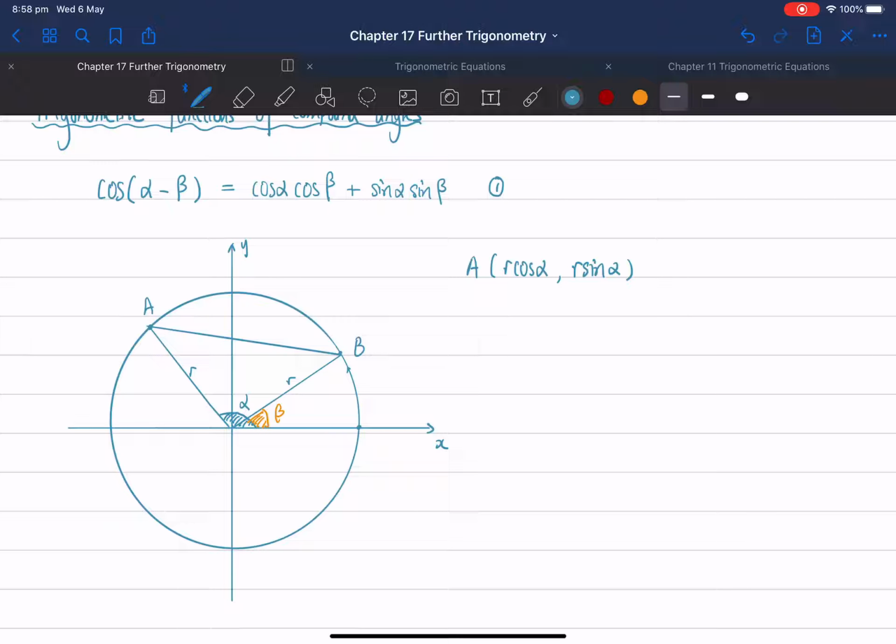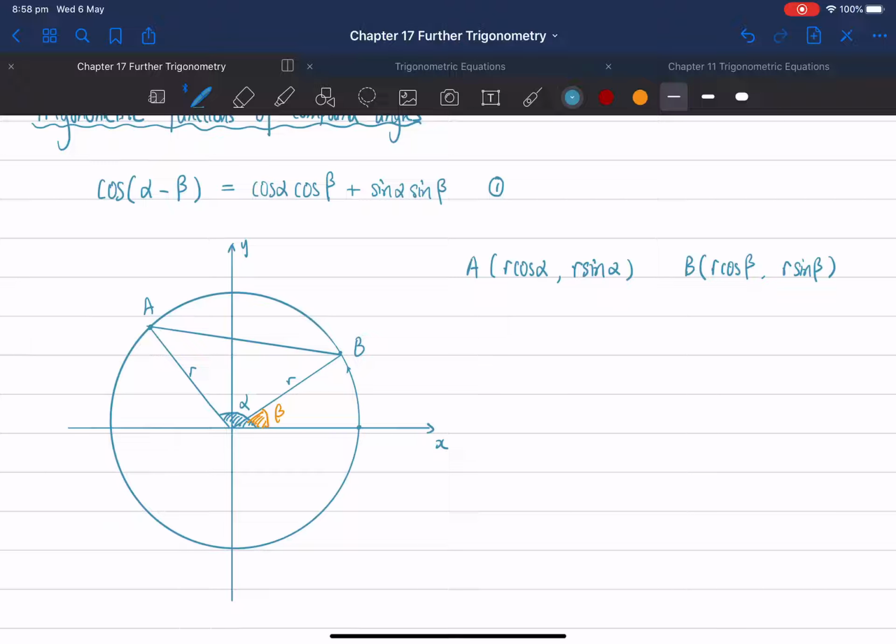If you don't remember why it is r cosine alpha and r sine alpha, you do need to go back to the trigonometry topic and revise the reason behind it. And then point B is r cosine beta and r sine beta. So these are the 2 coordinates.